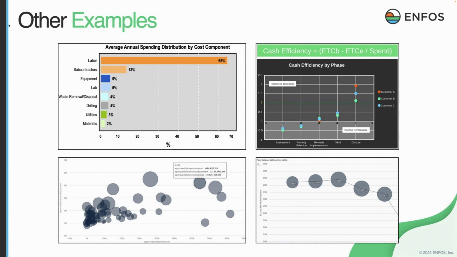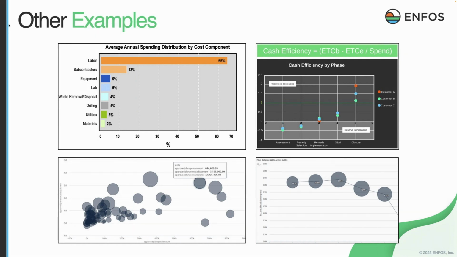This is actual data across many customers. 65% of spend is coming from labor, right? 13% on subs, 5 on equipment, 5 on lab, and so on. This informs procurement, it can inform performance, and many other factors. But if you're not collecting invoice detail to this level, you can't get to this. Cash efficiency, I've talked about this in previous webinars.